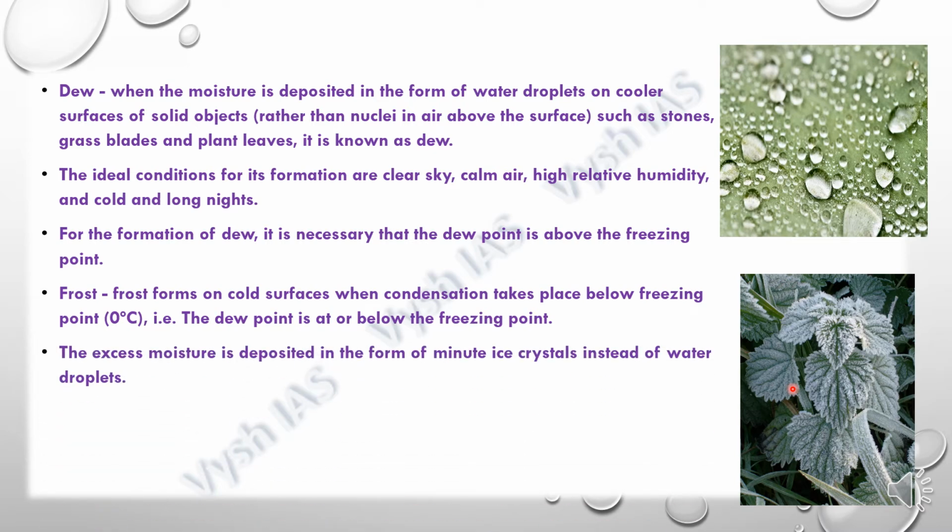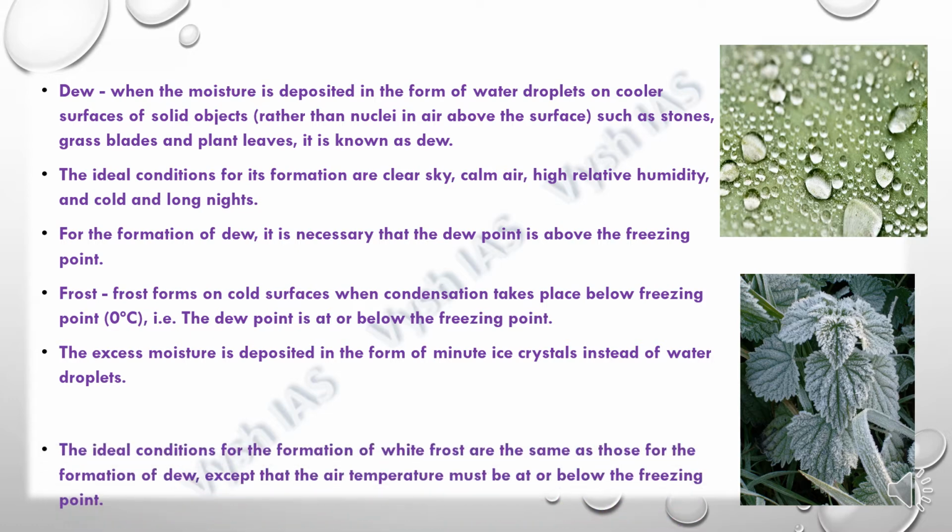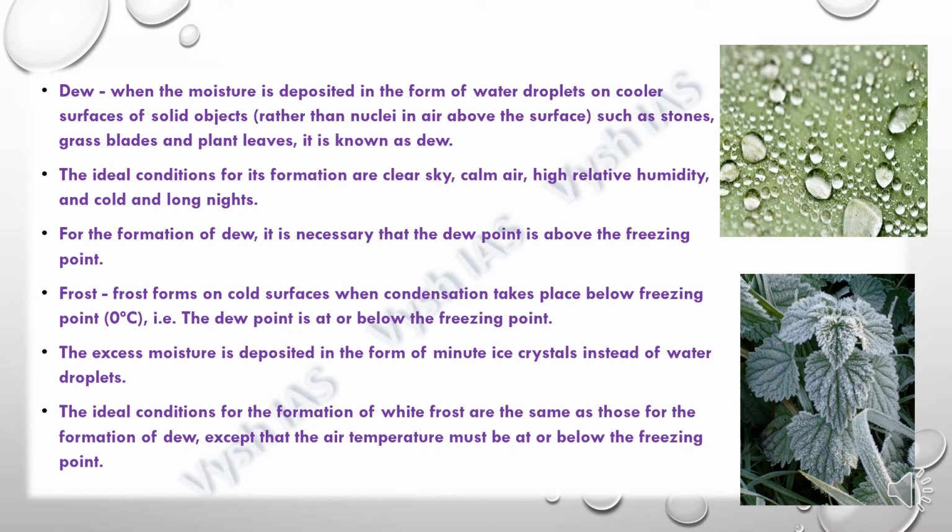The excess moisture is deposited in the form of minute ice crystals instead of water droplets. The ideal conditions for the formation of white frost are the same as those for dew, except one condition: the air temperature must be at or below the freezing point.